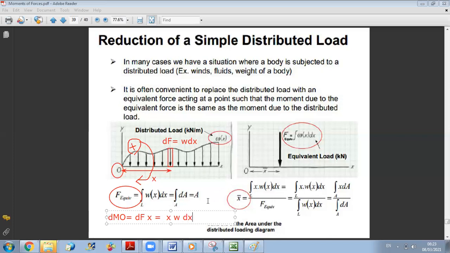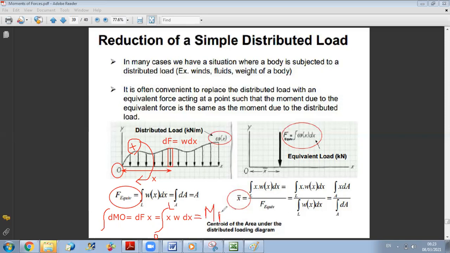Now, if I want to find the total moment, the resulting moment, what should I do? I should do integration. I should integrate and say that the resulting moment is integral x omega x dx over L. So from 0 here to L. Okay? So this is how I get the resulting moment at O, M resultant.